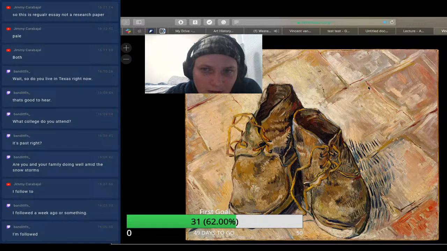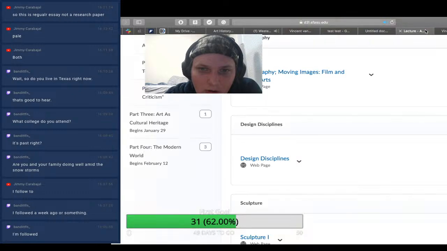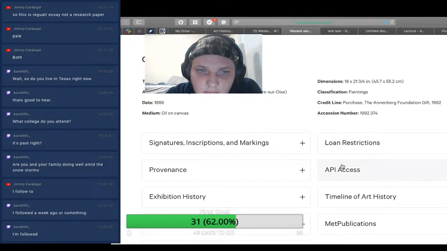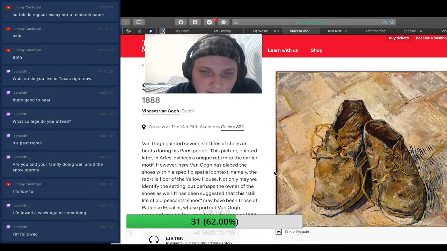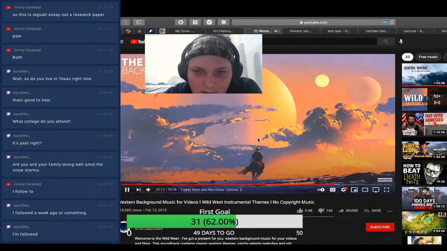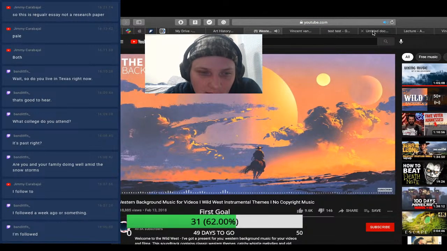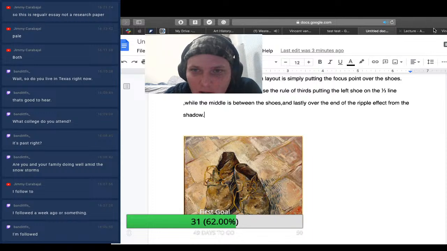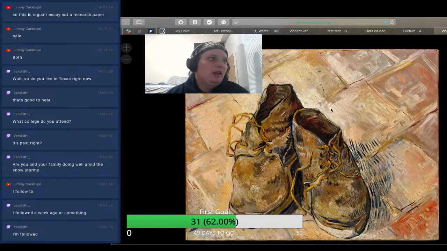And then we read a little bit from where we're getting the piece from. It should be here. That they are peasant shoes. So I wasn't necessarily wrong. I'm not going to change what I put there because that was my interpretation of what I saw. But we probably need to talk a little bit about the insides of the shoes there.